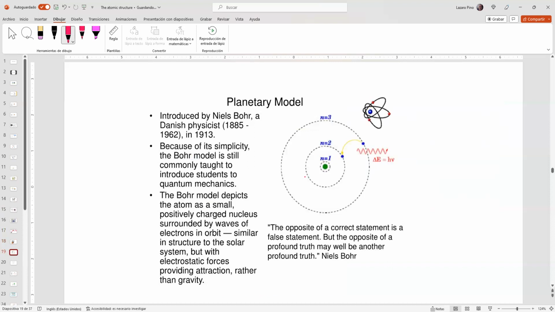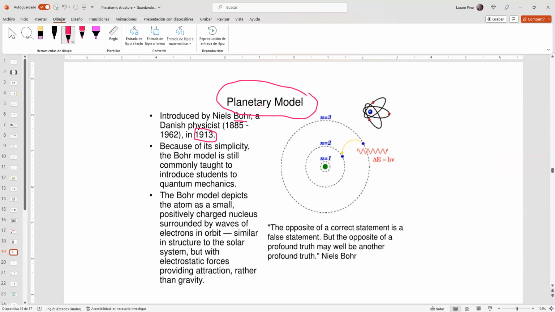But after that, a scientist, in 1913, in the 20th century, last century, explained that the atom has the same model as the solar system.